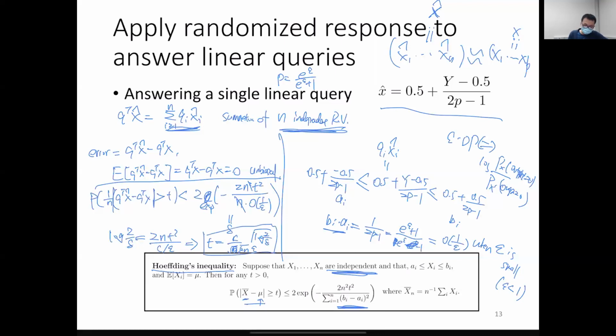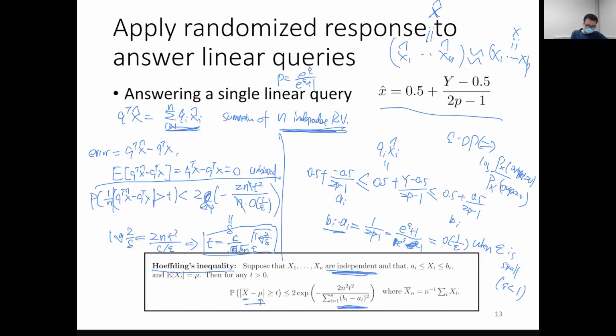So to say it differently, this says that with probability 1 minus delta, the error of using this randomized response released x hat to privately publish the query is on the order of 1 over square root of n.